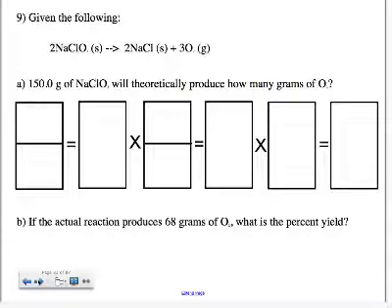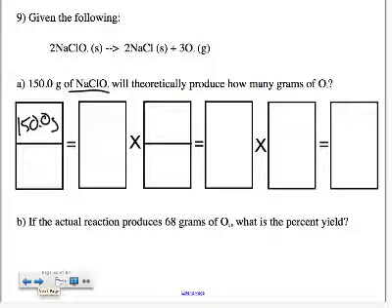Okay, so we've got a percent yield question. We have to start by finding the theoretical yield. We're going to start with 150 grams of sodium chlorate, NaClO3.